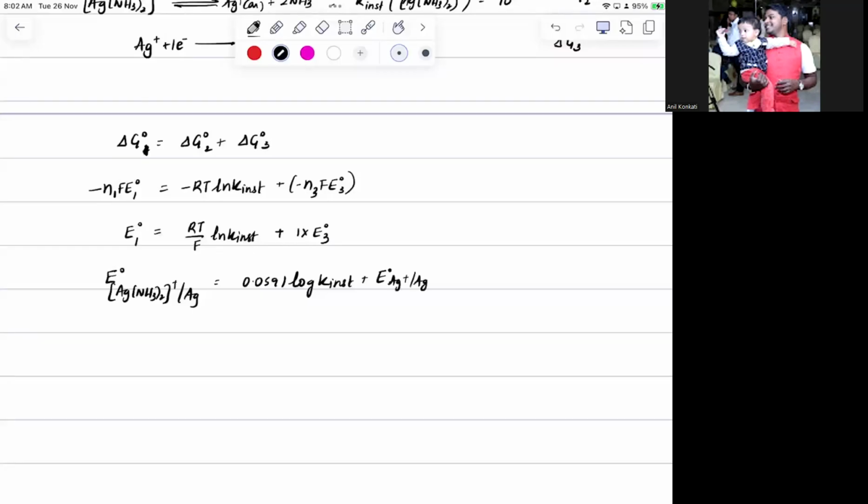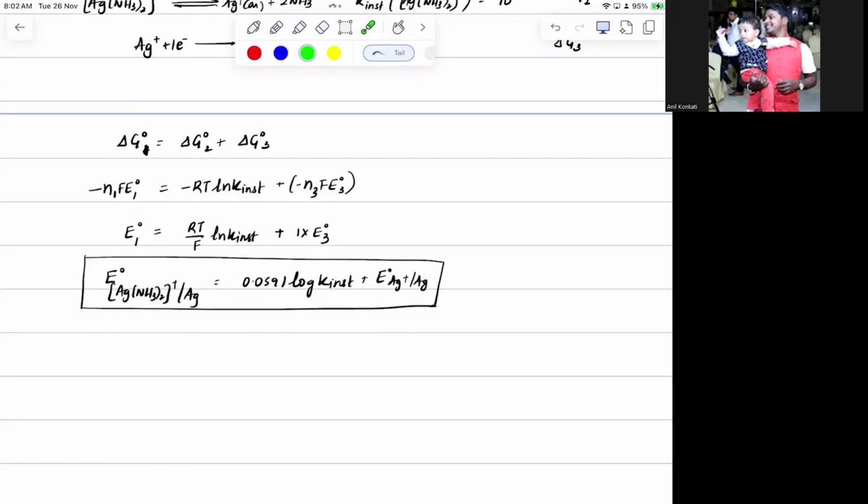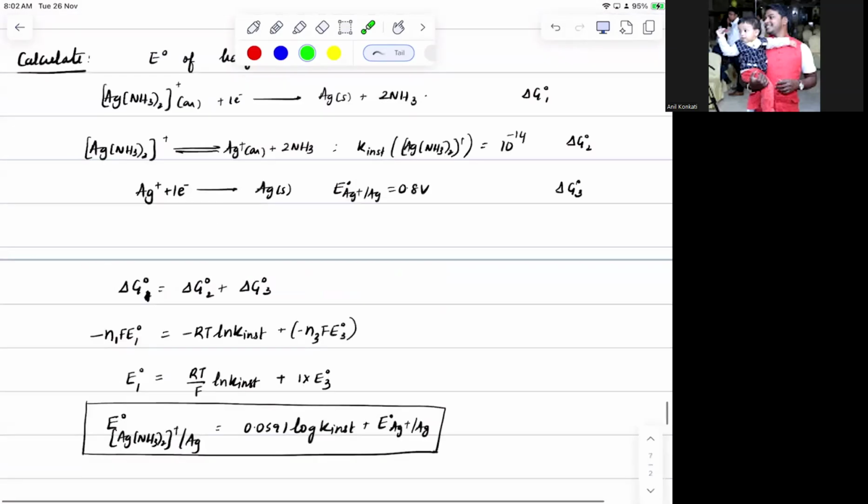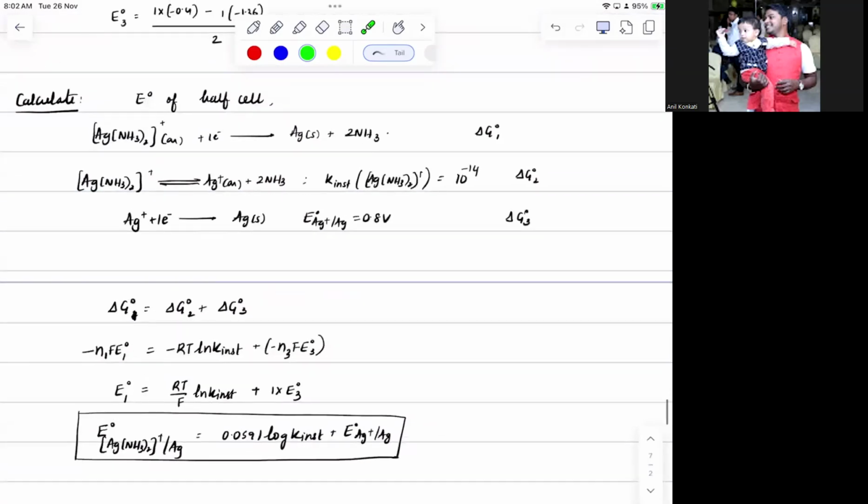So again, no matter what you do, the formula will always come to a similar thing: E naught of the simple cell plus 0.0591 into log of that equilibrium constant. That equilibrium constant could be KSP, it could be instability constant, it could be anything else. But for these kinds of questions, as long as you know this idea, it will be very, very easy.